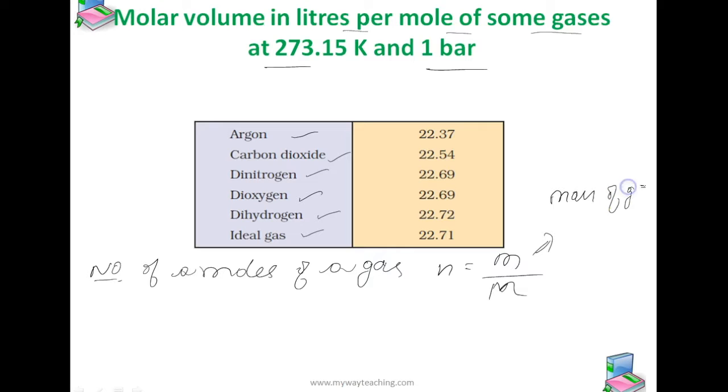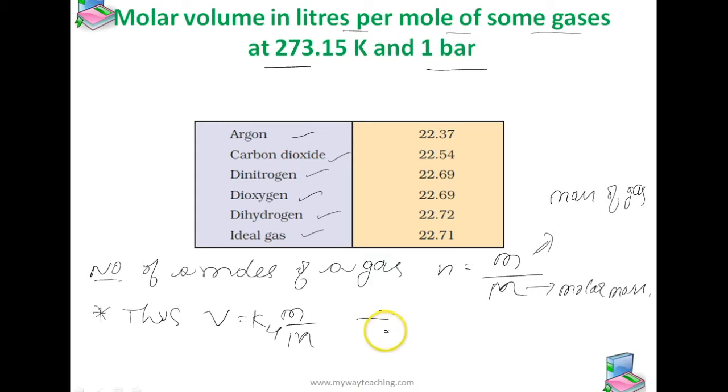Thus we can write V is equal to K4 into small m divided by capital M.